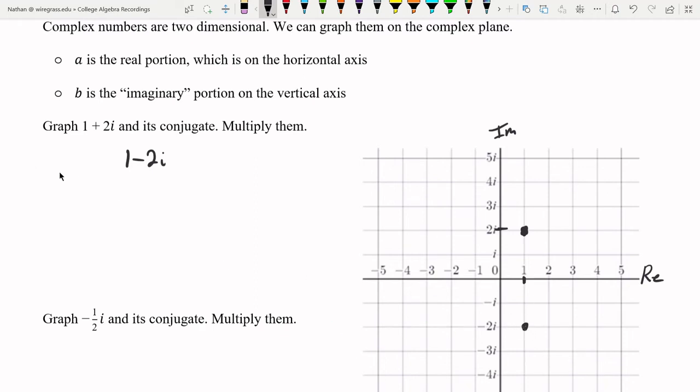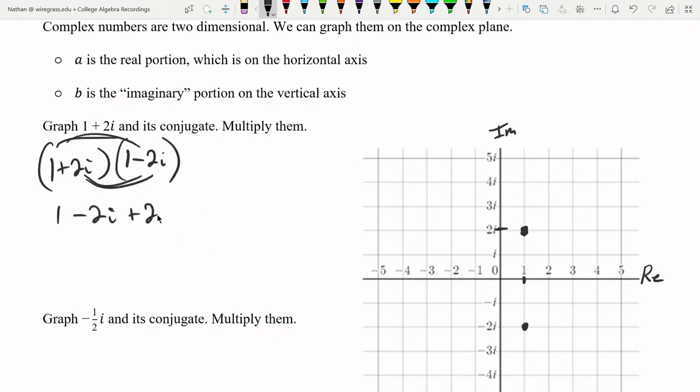Okay, let's multiply these two conjugate pairs together. We're going to distribute the 1. We're going to get 1 minus 2i. Then distribute the 2i. So we're going to get plus 2i minus 4i squared. You can notice that the 2i's cancel. Minus 4i squared. i squared is negative 1.